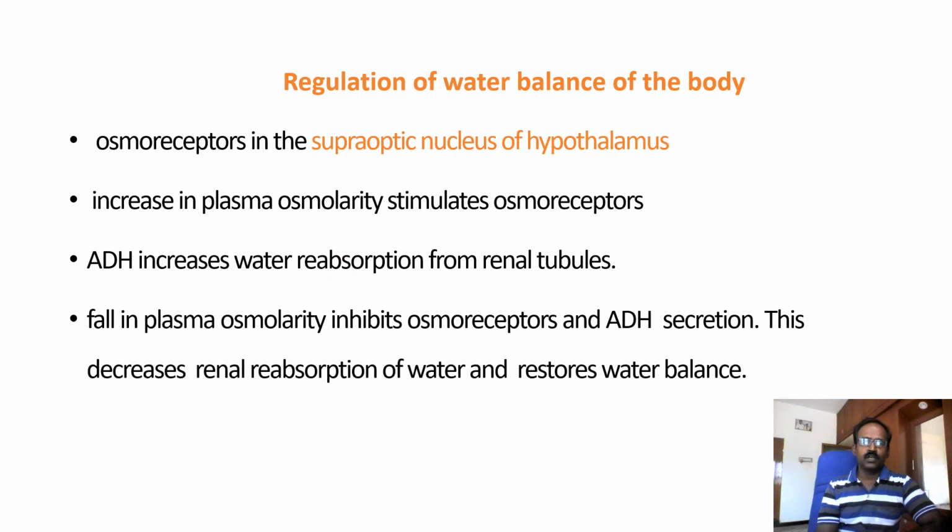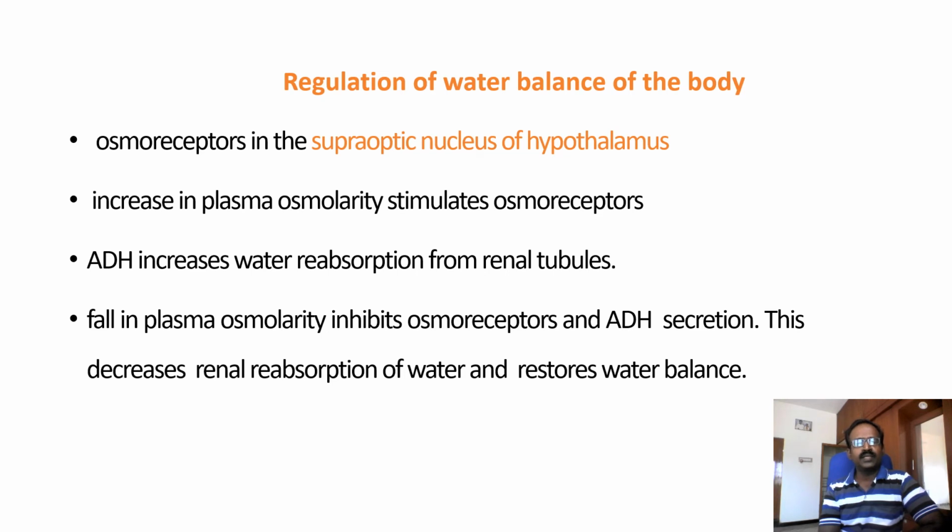Regulation of water balance of the body is another important function of the hypothalamus. It is controlled by the supraoptic nucleus of the hypothalamus. It has the osmoreceptors. So an increase in plasma osmolarity stimulates the osmoreceptors. When the water level in the body decreases, the plasma osmolarity increases.